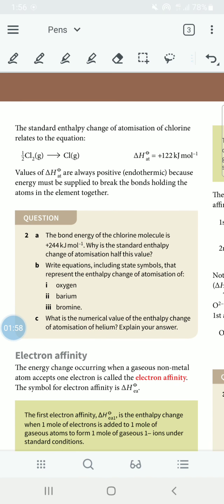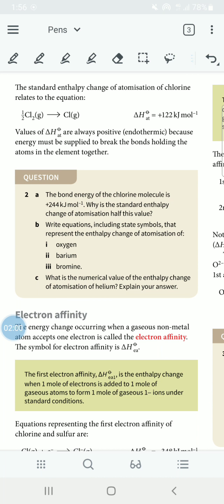I hope you did the question. So let's go to the second question. Part A. The bond energy of the chlorine molecule is plus 244 kilojoules per mole. Why is the standard enthalpy change of atomization half its value? The reason is, when we say bond energy, the chlorine gas molecule, Cl2, turns into 2 chlorine atoms.